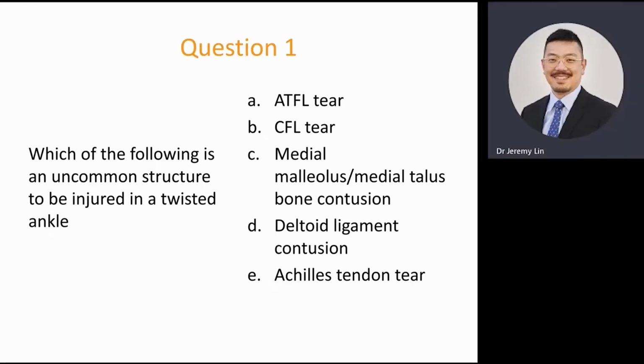Okay, so out of all of these structures, it is actually the Achilles tendon that is very uncommonly injured when the patient twists their ankle. All the other ones are what we always see when we have a patient who's been referred in for a twisted ankle.